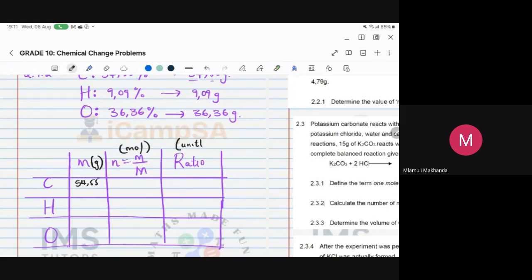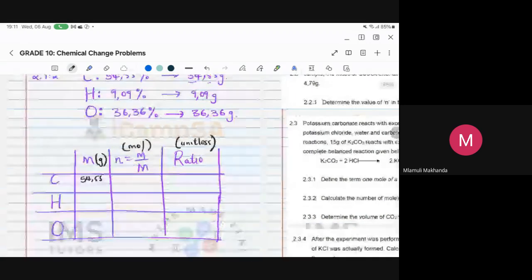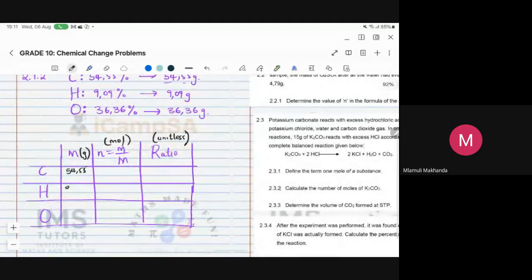You won't have to write what I'm writing here in black, but I'm just letting you know this. You would have to fill in the table: 36.36, right? Now let's find the number of moles.